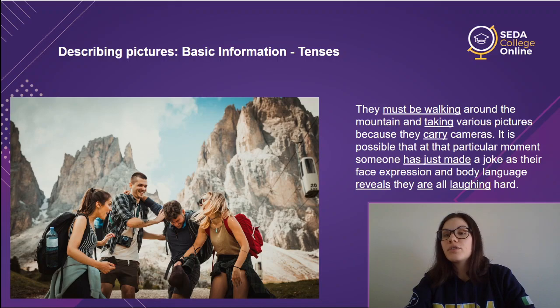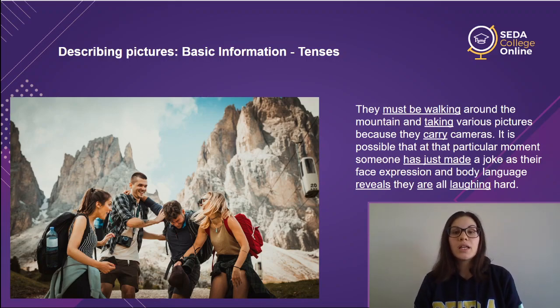Okay, so the first one, you see they must be walking. Now here I have continuous, but I have used it with a modal. Instead of saying they are walking, I want to show a little bit of certainty, so I just say they must be walking. Taking pictures, okay. You see here that the verb to be is missing from the continuous. That's because we are connecting the sentences with and.